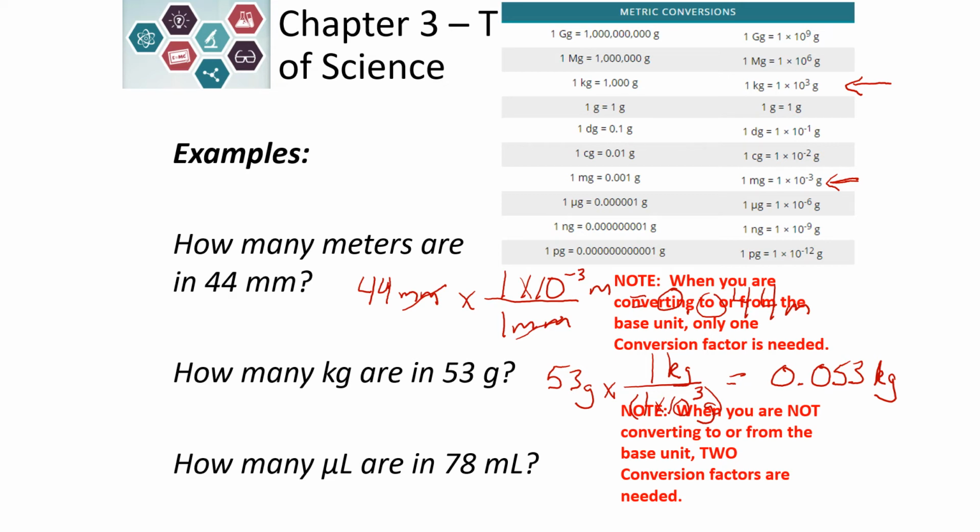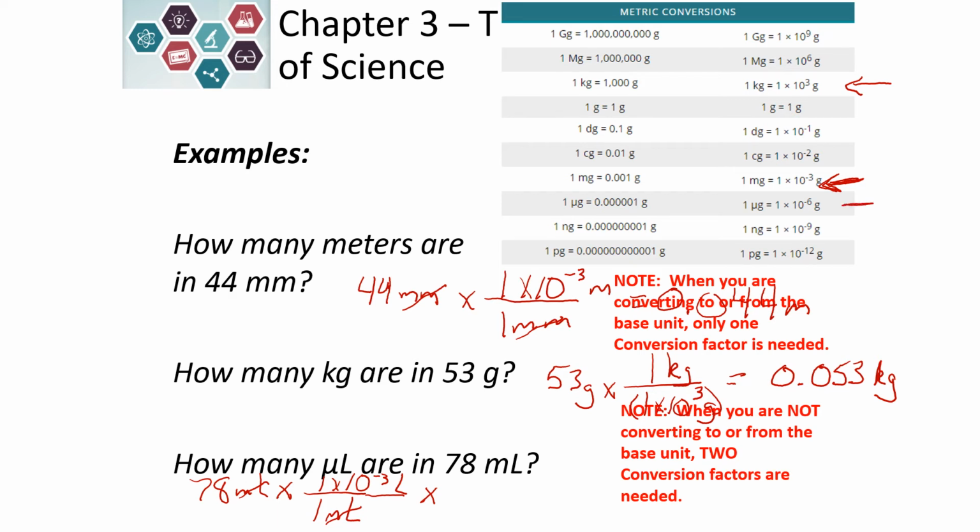So to go from 78 milliliters, I convert to the base unit. We're using milli again. And I'm going to put 1 milliliter on the bottom. 1 times 10 to the negative third liters on top. That cancels our milli. And then we're going to go to micro.